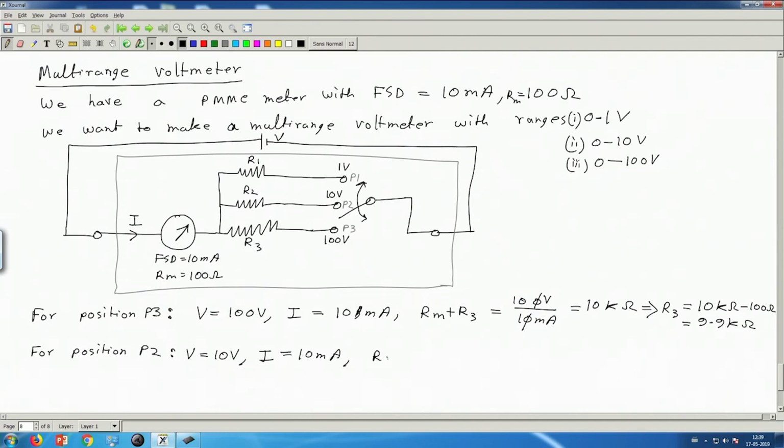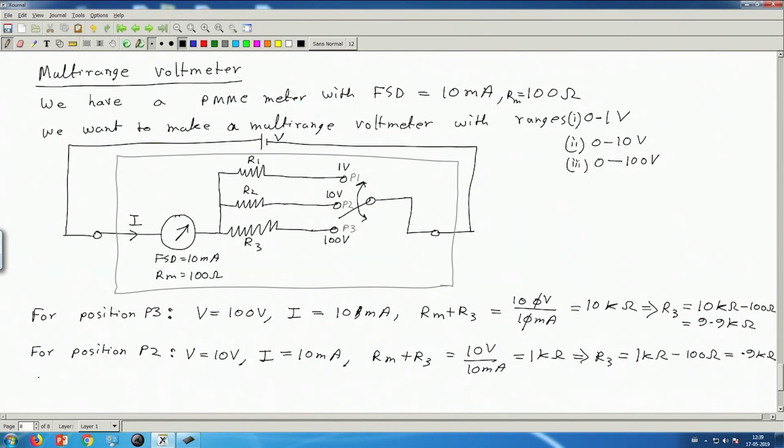That means Rm plus R3 should be 10 volt divided by 10 milliampere, which means 1 kilo ohm. This implies R3 equals 1 kilo ohm minus Rm, which is 100 ohm. So this will be 0.9 kilo ohm.